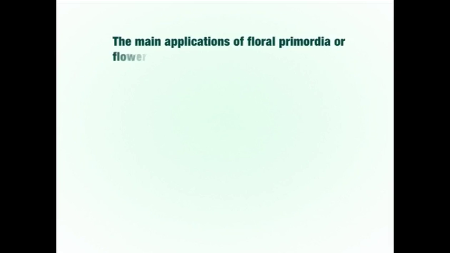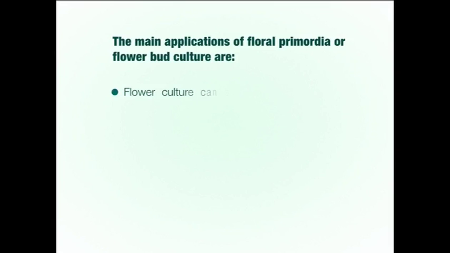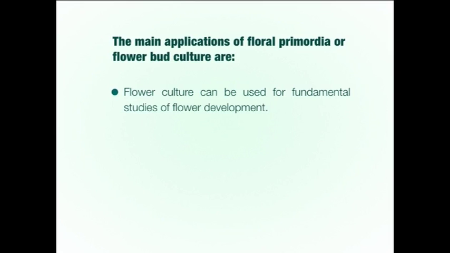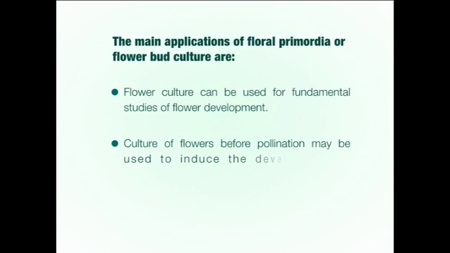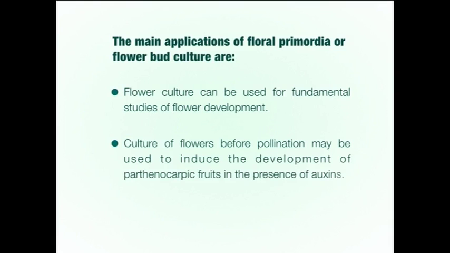The main applications of floral primordia or flower bud culture are: first, flower culture can be used for fundamental studies of flower development. The second application is that culture of flowers before pollination may be used to induce the development of parthenocarpic fruits in the presence of auxins.